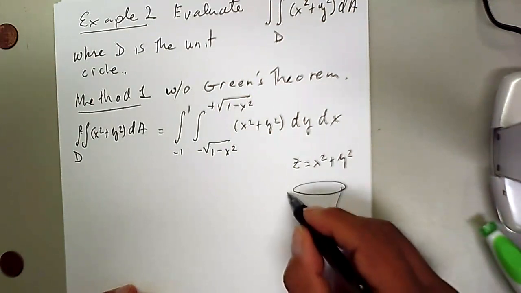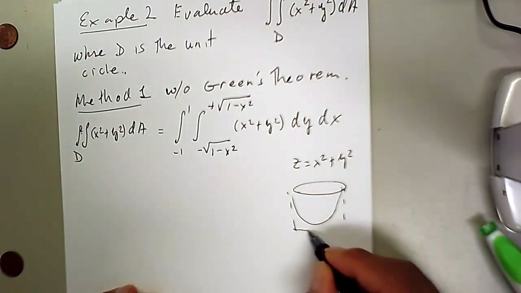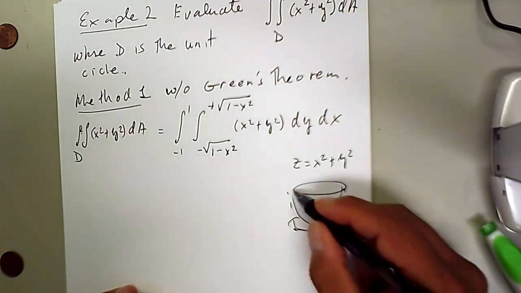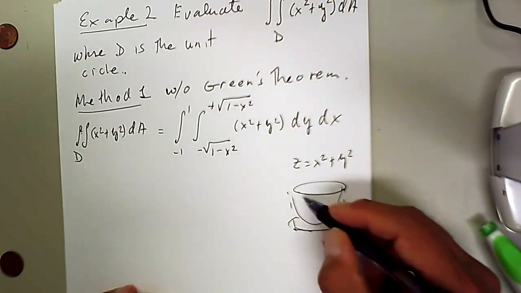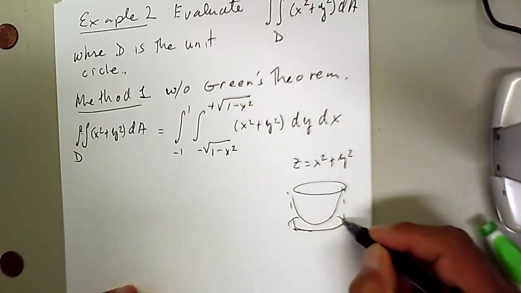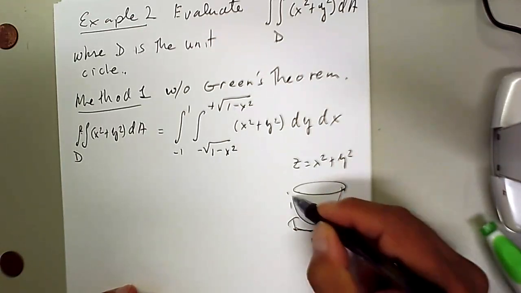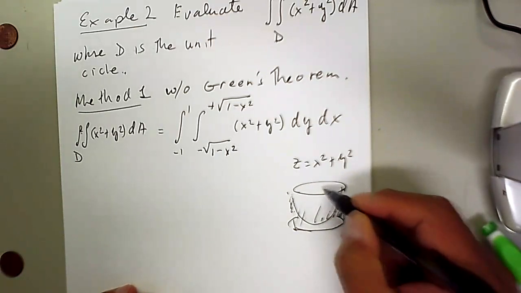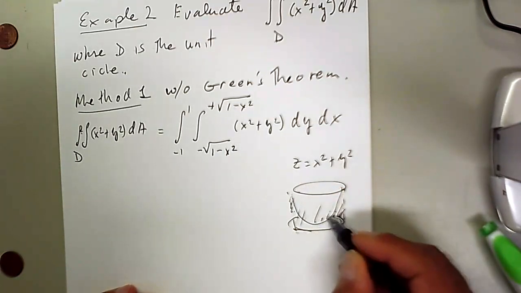And then down here, we can have the unit circle. So what we are doing is finding the volume, because that's the region we're integrating over, and this would be the surface. So we're finding the volume underneath the paraboloid, but above the unit circle.